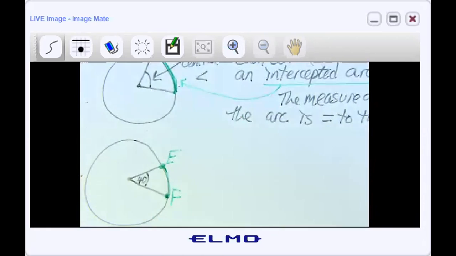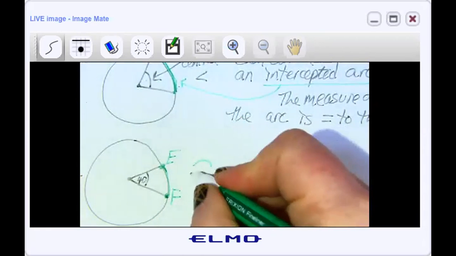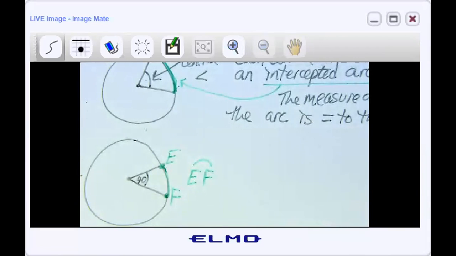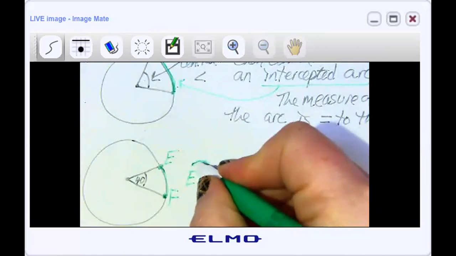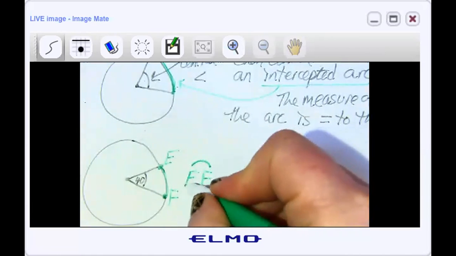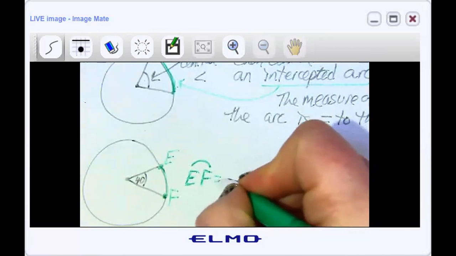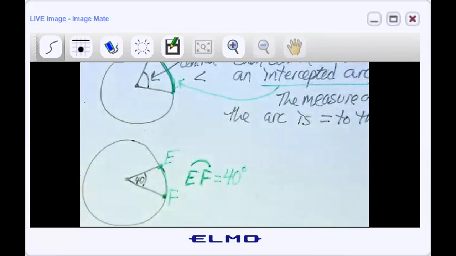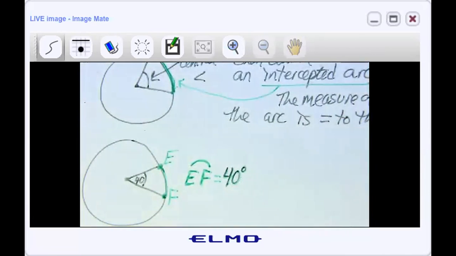So if it's EF, for example, we put an arc symbol and then the letters EF underneath. You don't use a straight line like we did with segments, because it's not a straight line. So you put a little arc and then the letters. That arc, EF, would have a measure of 40. It's just the same as its central angle. That's it. That's really easy. They're exactly the same.